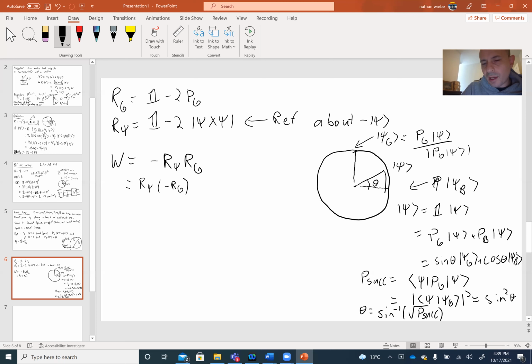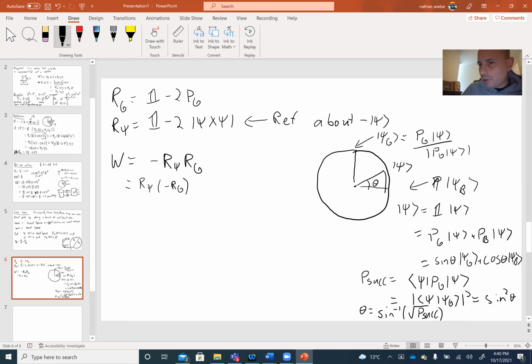Okay, so what I'd like to do under these circumstances is reflect about the good, or negative RG, which means I'd like to take the RG component and flip it to its negative sign as the first operation.